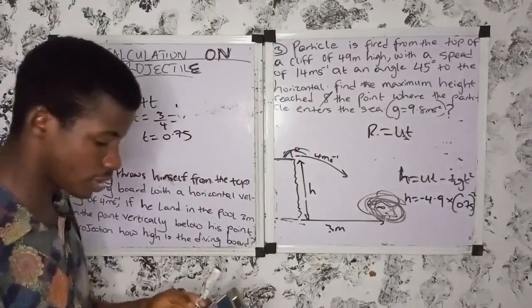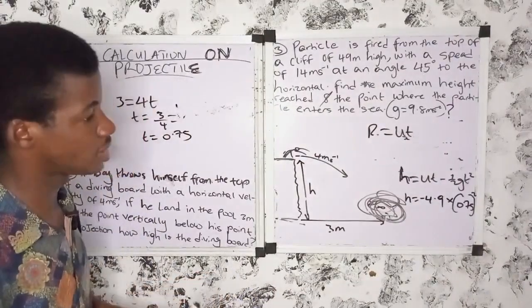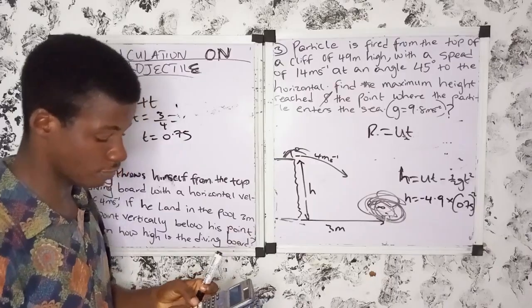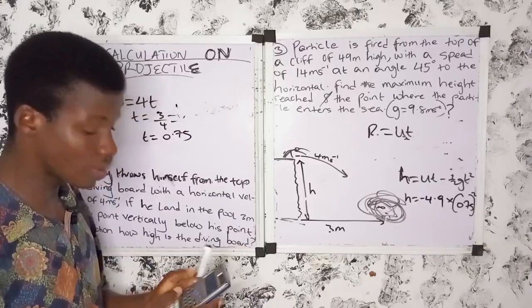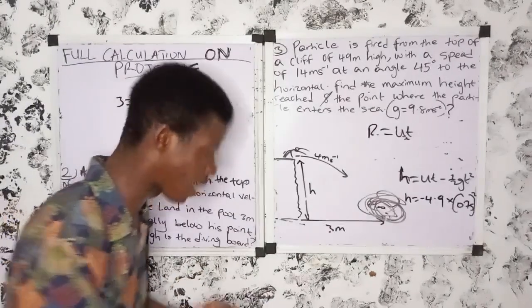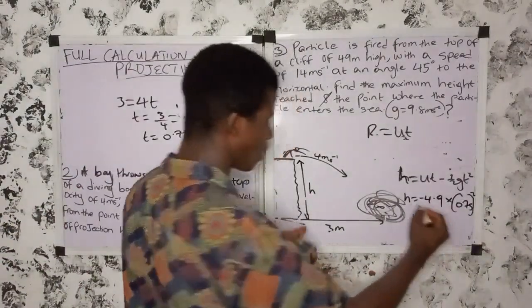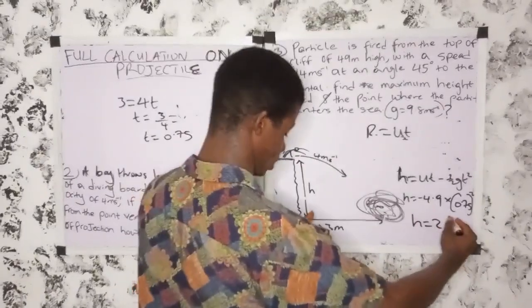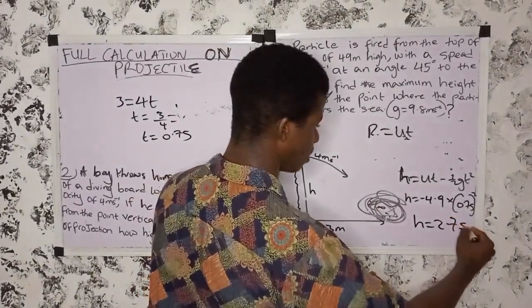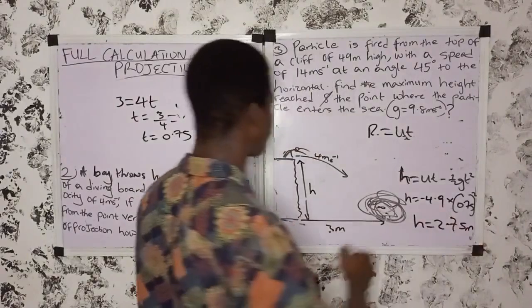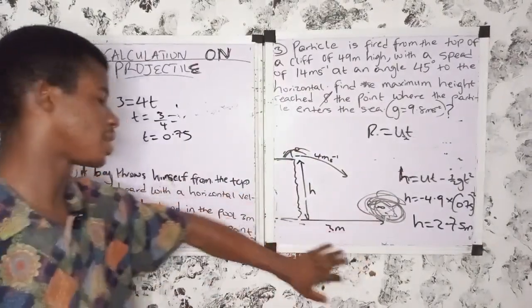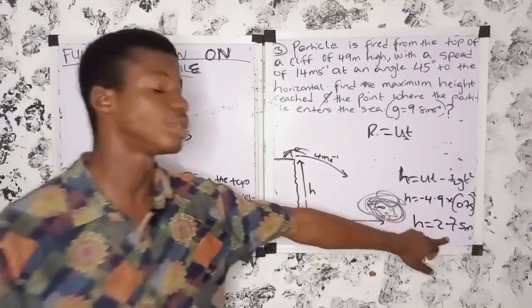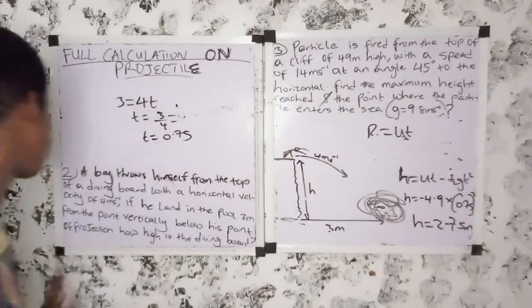Okay, so let's do it. 4.9 times the square of 0.75. When we do it, we have 2.75. Okay, so our height is what? 2.75 meters. So this is our answer. 2.75 meters. So that is the second question.